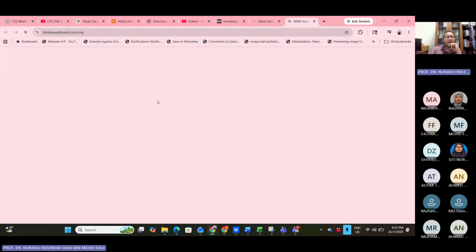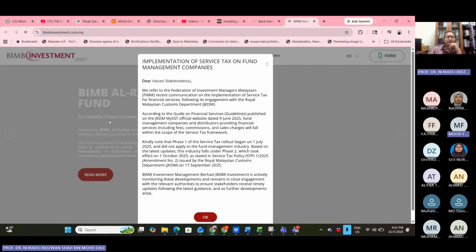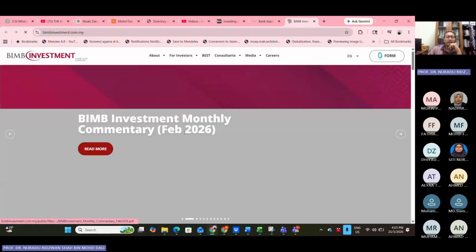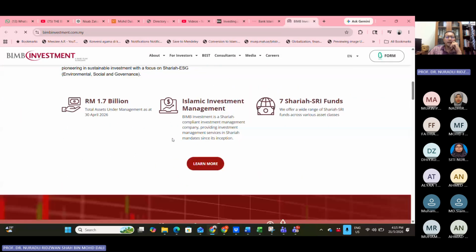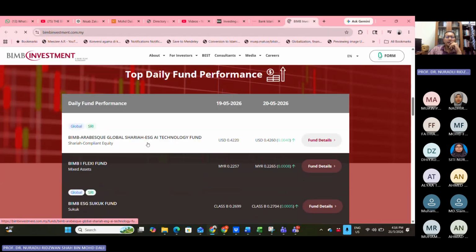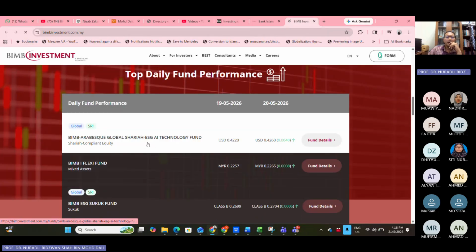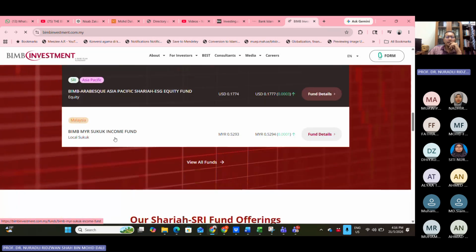Let's say Bank Islam Investment. I'm not really sure, I'm just trying to find. Okay, this is fixed income. Okay, the Malaysia Sukuk Income Fund.